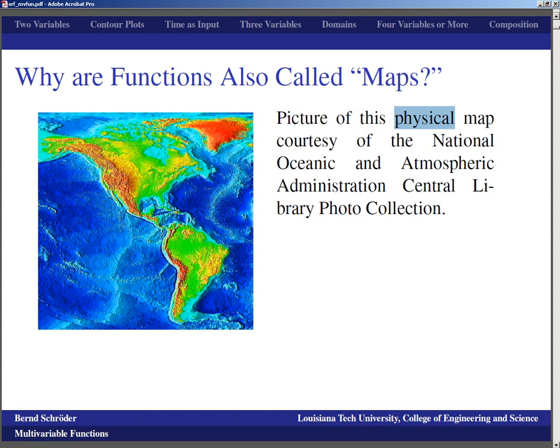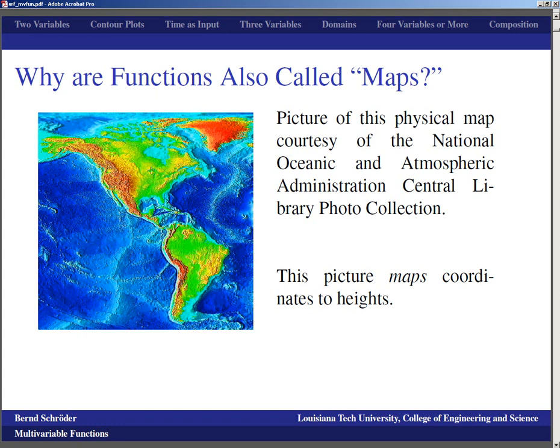Hot colors typically indicate stuff that is high, such as here the Rocky Mountains. Then colors in the greens show things that are near sea level, and blue, various shades of blue, show what's below sea level. So that is something where this picture maps coordinates, right, longitudes and latitudes, to heights, which are indicated by colors.